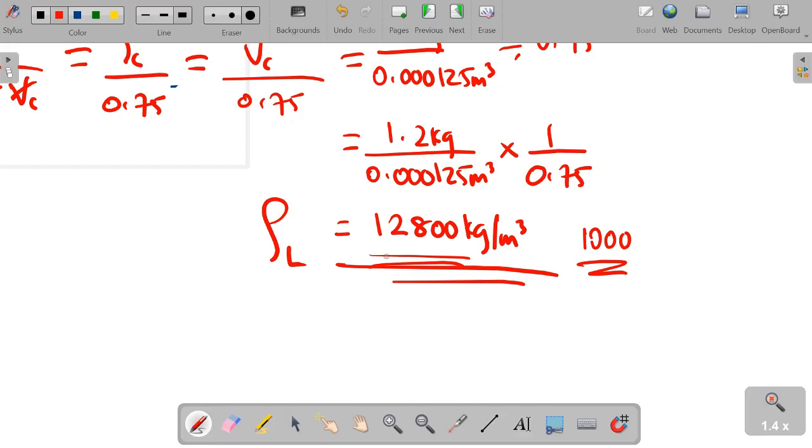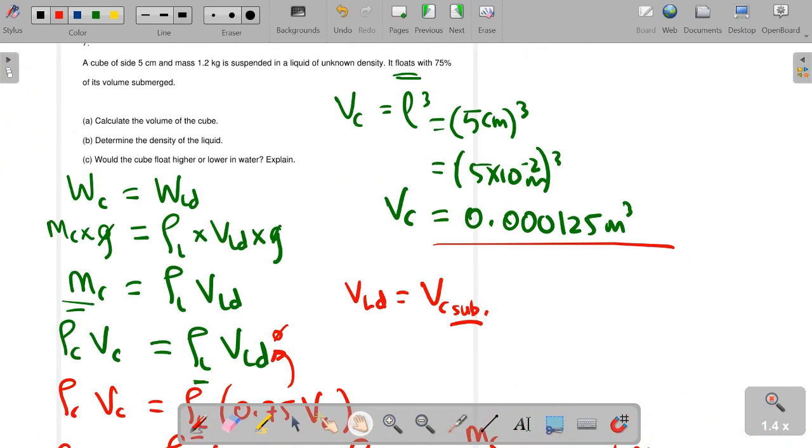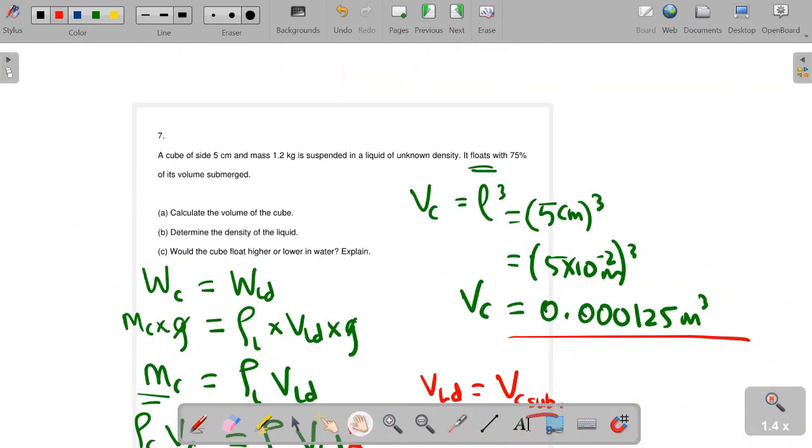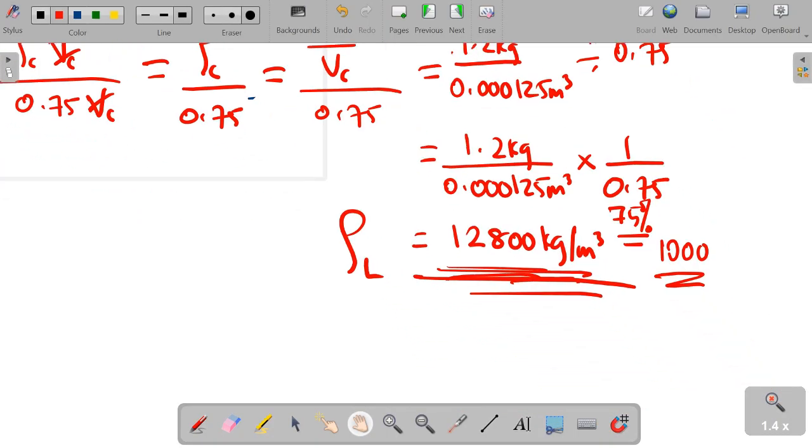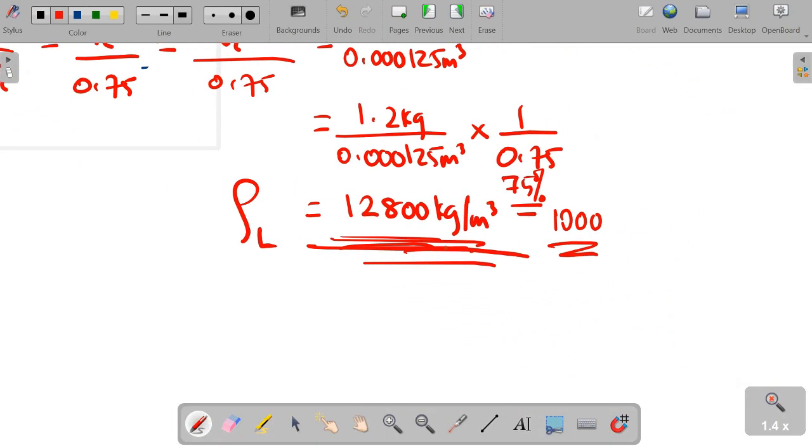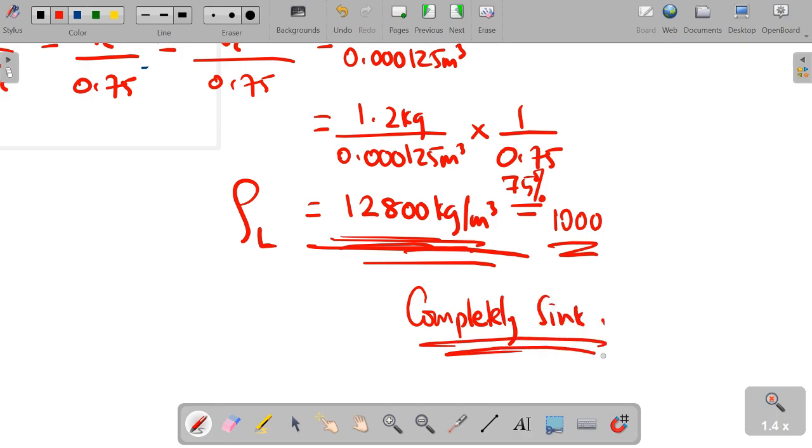The cube is 75% submerged in this liquid. So what if you put it in water, which is literally 10 times less in density? This cube would actually completely sink. It will disappear. The density is too low.